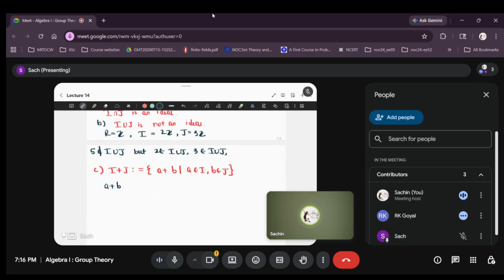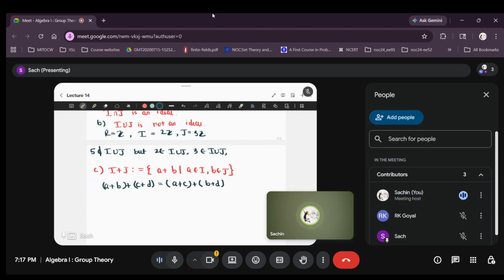We have A plus B and C plus D. Even if it is not a commutative ring, the addition operation is commutative, since addition has to be an abelian group. So we can rearrange this and write it as A plus C plus B plus D.